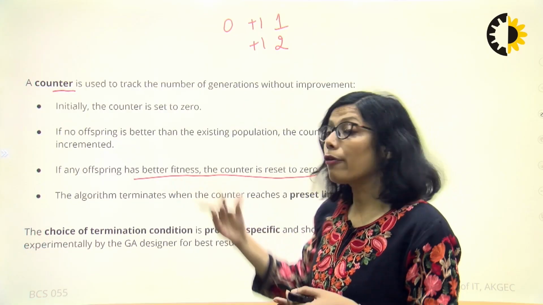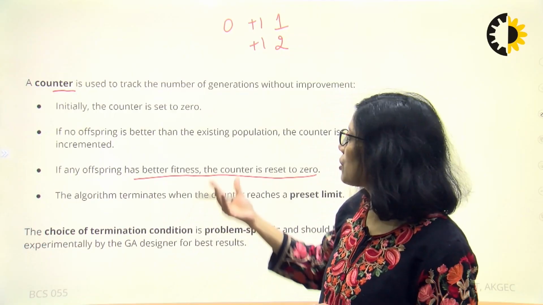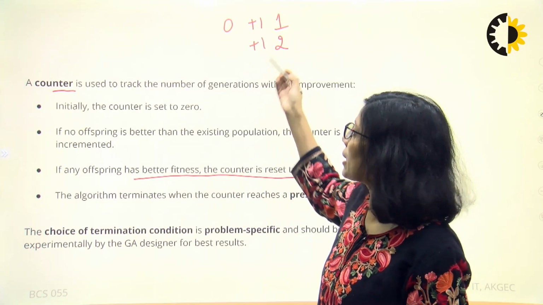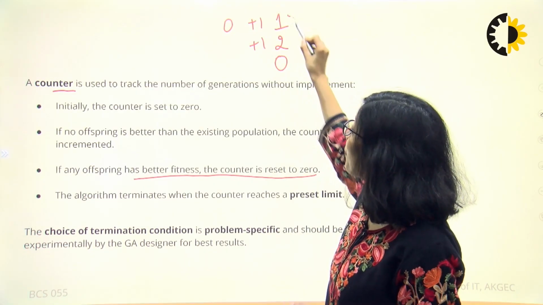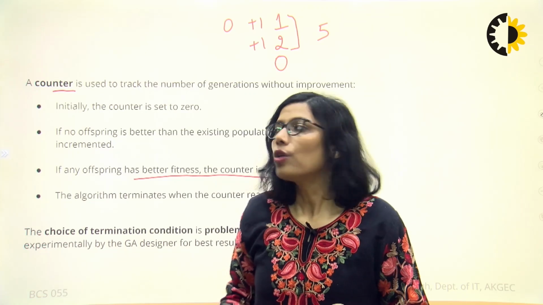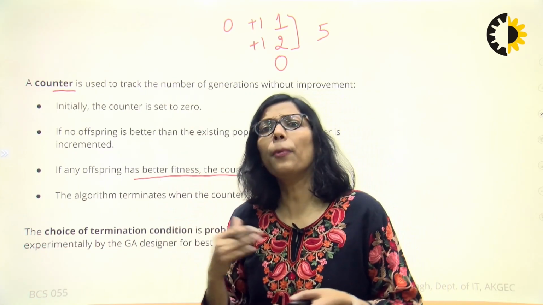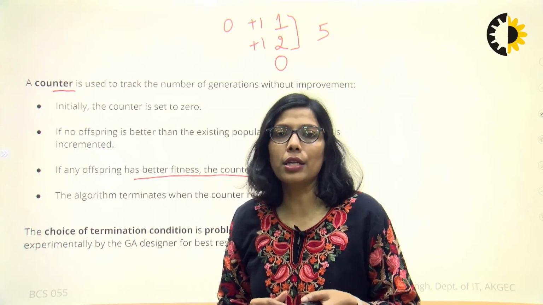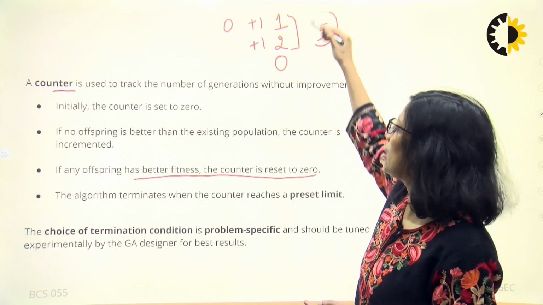But if in one of the generations I receive some positive changes, I will reset the counter to 0. If this value reaches some value, say 5, then I will stop. In this way, we keep on doing this iteration till the counter reaches some specific value.